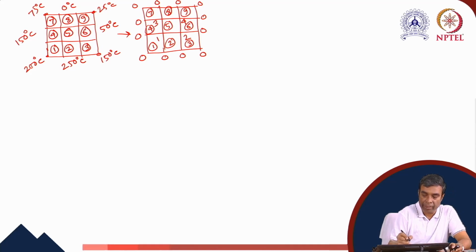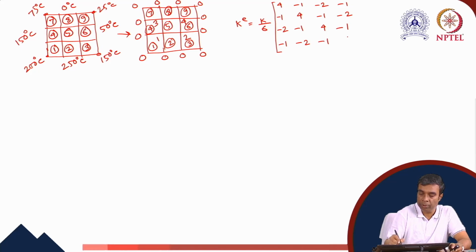We got the element level matrix, it was KE equals K by 6 times the matrix with rows 4, minus 1, minus 2, minus 1; minus 1, 4, minus 1, minus 2; minus 2, minus 1, 4, minus 1; minus 1, minus 2, minus 1 and 4. So this was a 4 by 4 matrix.